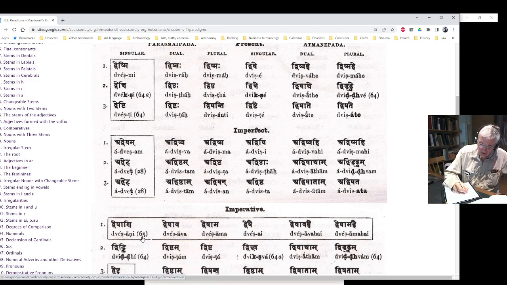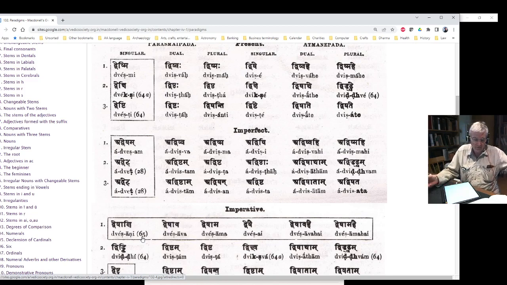You would expect it to go, if it were fully regular, which it is not, nā, mi, si, ti, and so on. What happens, and it is irregular, is that in the present stem this jña drops out, which is why you have in Sanskrit jānāti, he knows, jānāmi, I know.